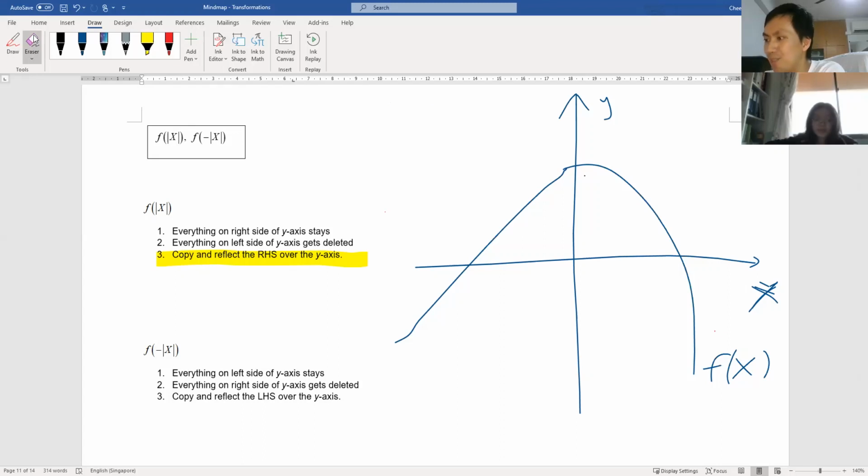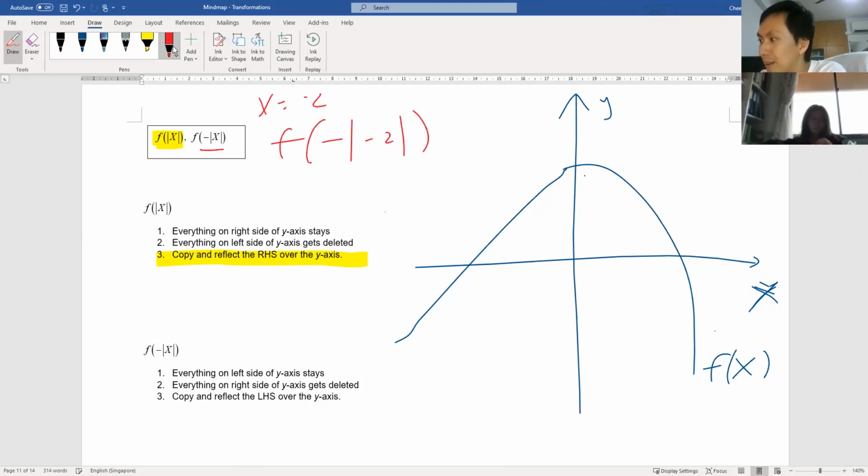Based on the argument that we had in establishing the result for this one, you will see that it is the positive x values that get affected at the end of the day. For example, if x is equal to -2 again, if you send -2 into this expression, you will have f of negative -2, right? Then modulus turns it into 2 first.